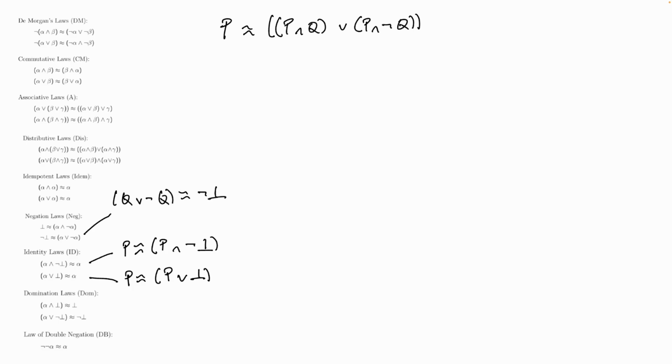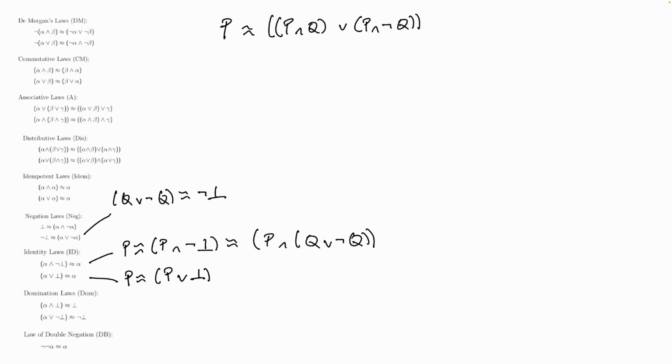So because of the law of substitution, that means that P and not absurdity is equivalent to P and Q or not Q. And now we seem to be getting closer to the formula that we ultimately want to arrive at, which is P and Q or P and not Q. In fact, we're just one step away. Take a look at the first of the distributive laws. It says, in effect, that conjunction distributes over disjunction.